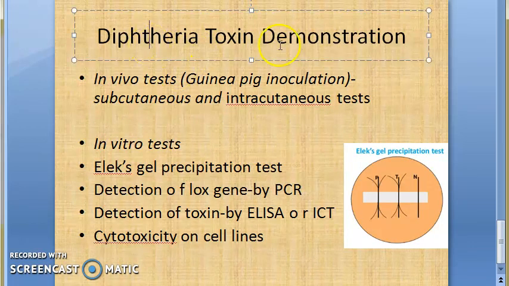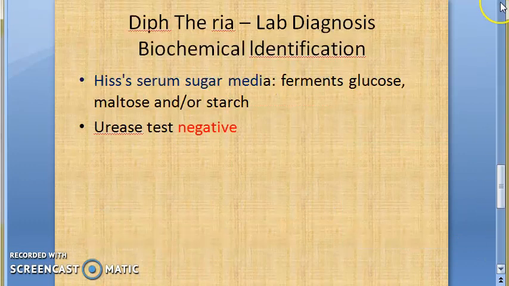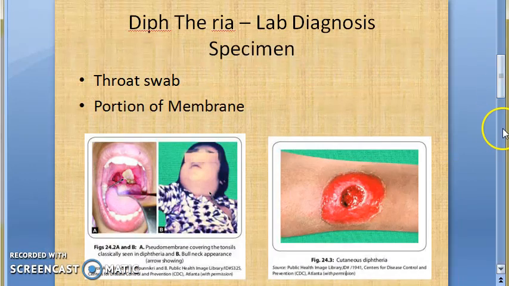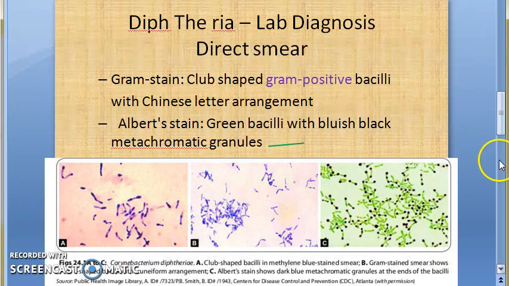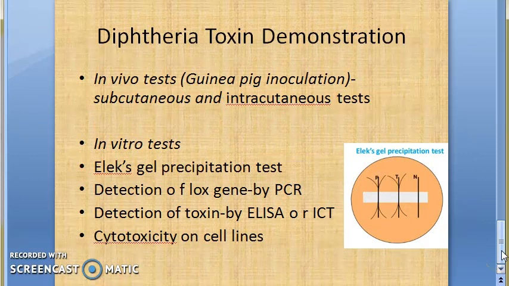Then moving on to diphtheria toxin demonstration. Please wake up if you are sleeping. Take a deep breath. Okay, now we have come to the 5th point. Till now we looked at specimen, direct smear, culture media, biochemical identification. Last one, demonstration of diphtheria toxin. In this, you have two things, in vivo test and in vitro test.